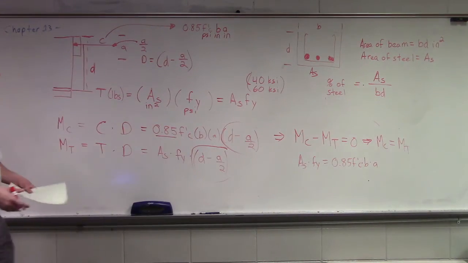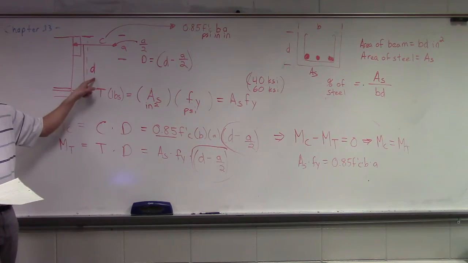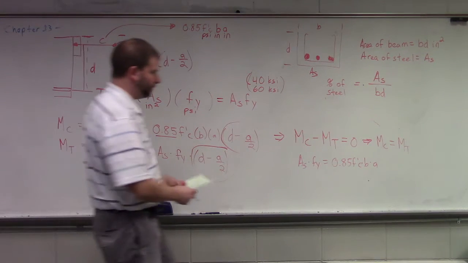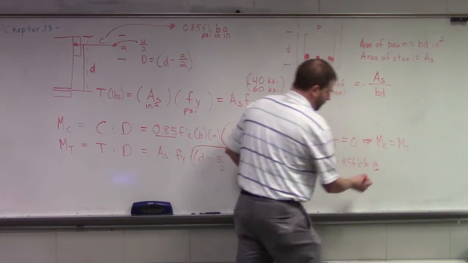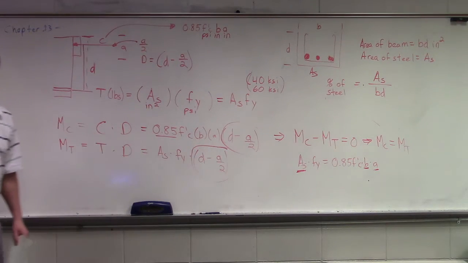We don't necessarily have to reduce. There will be times where we need to know what that D is so that we can figure out what depth of that beam needs to be. But this allows us to figure out area of steel, compression zone, and the width of that beam.